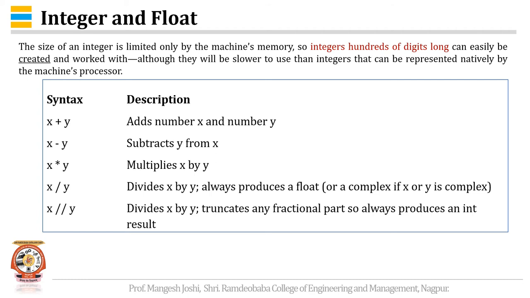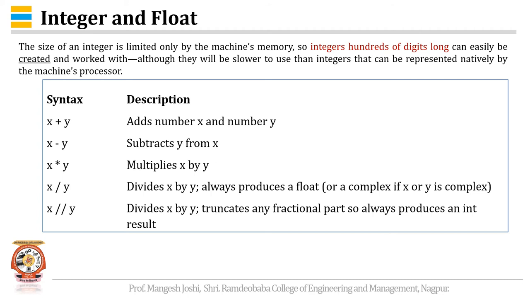If that limit is exceeded, you have to use the long keyword to represent an integer of large size. But in the case of Python, the size of an integer is limited only by the machine's memory. So integers can be hundreds of digits long and can be easily created.